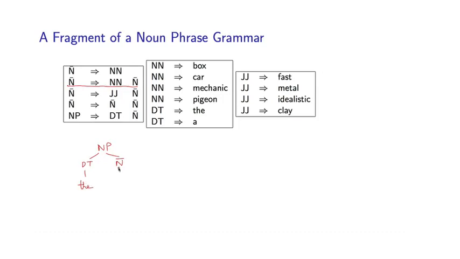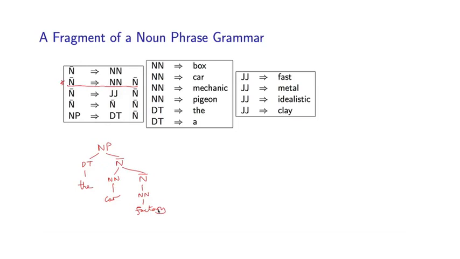And now I'm going to use N-bar goes to NN N-bar. So that's where I've used this rule here. And here's an example of how this rule might be used if I have a car factory. This is a factory that makes cars. You notice that I have car acting as a pre-modifier to factory. So it's almost in the same position as an adjective, but this is definitely a noun. But it's a rather similar construction to the one we just saw with adjectives.